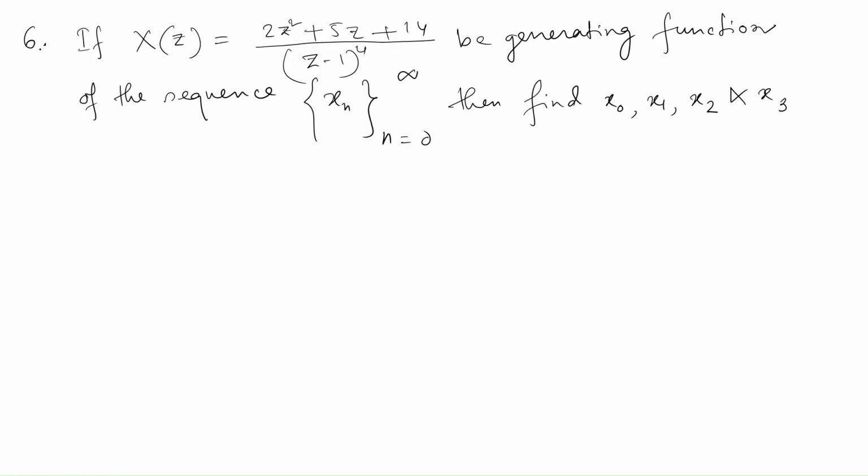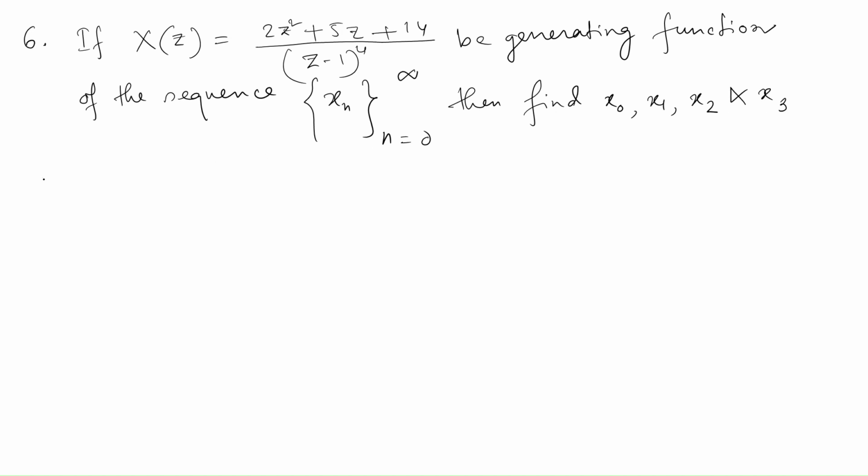Question number 6. If X(z) equals 2z square plus 5z plus 14 divided by (z minus 1) power 4 be the generating function of the sequence x_n, n from 0 to infinity, then find x0, x1, x2 and x3.